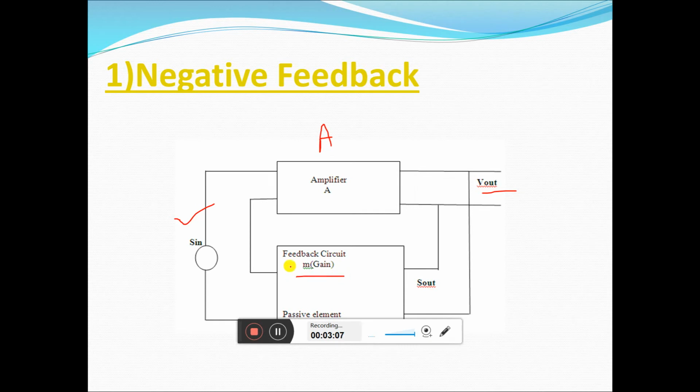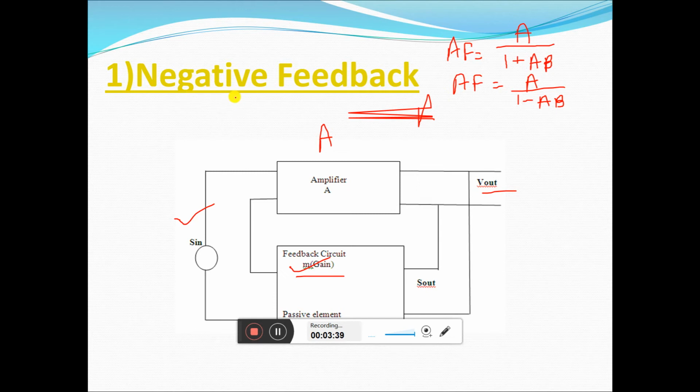The feedback gain AF for negative feedback is A divided by 1 plus A beta. This is the formula for negative feedback, and for positive feedback, AF is equal to gain A divided by 1 minus A beta. Let us see one by one.